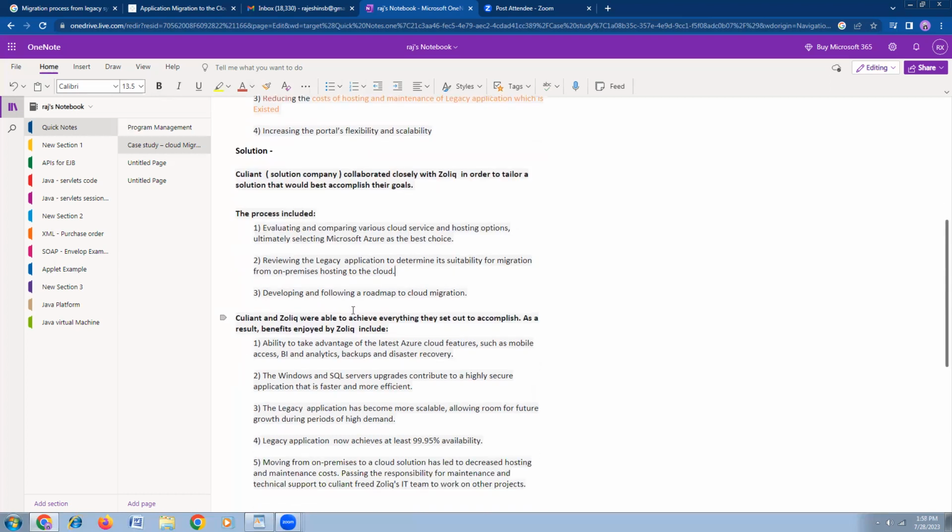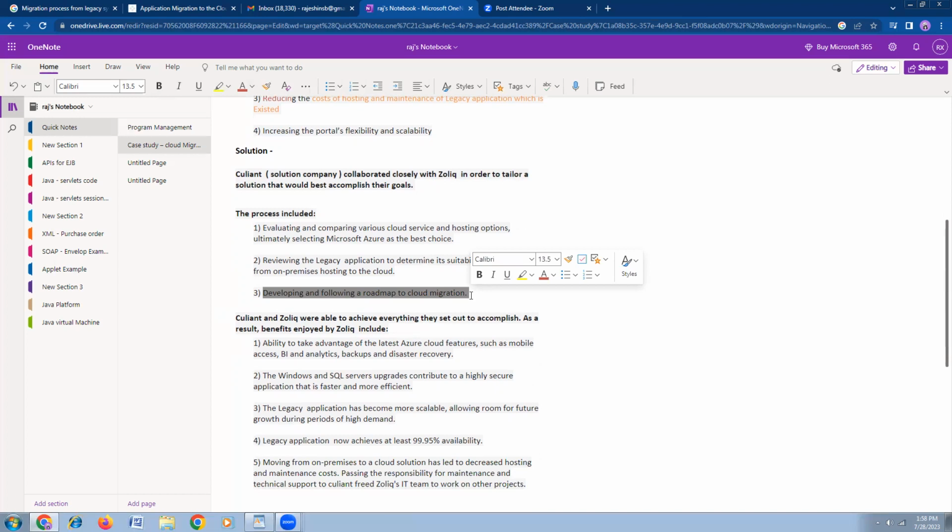The third thing is developing and following a roadmap to cloud migration. So now the vendor, Qlient, has decided to develop a project. For that, they need a roadmap, because if you don't have a roadmap for a project to be developed, you don't know how to move further, what steps to take, right?